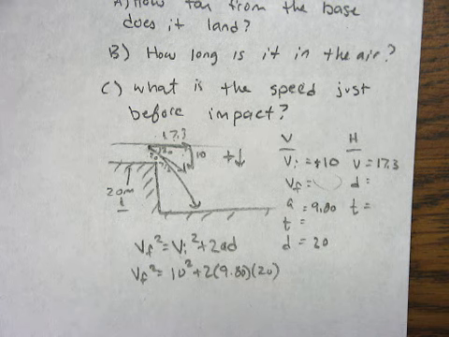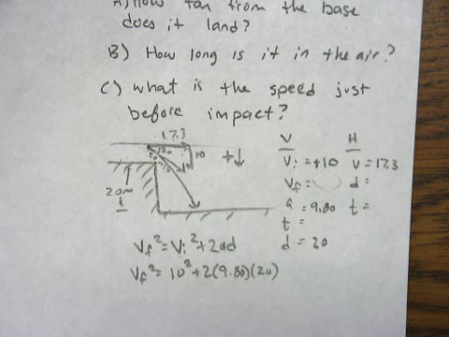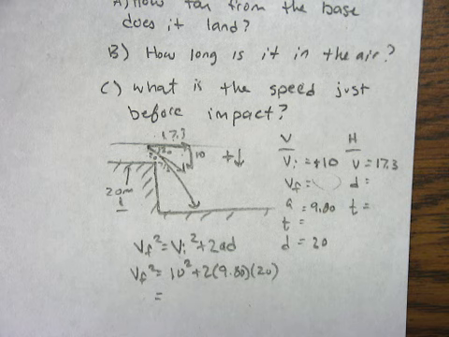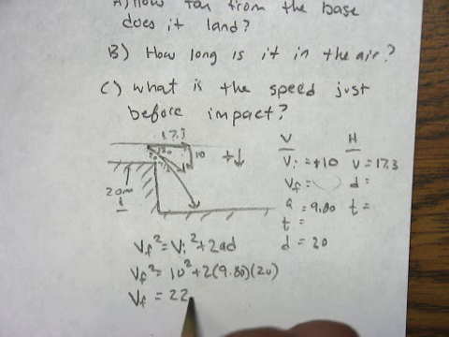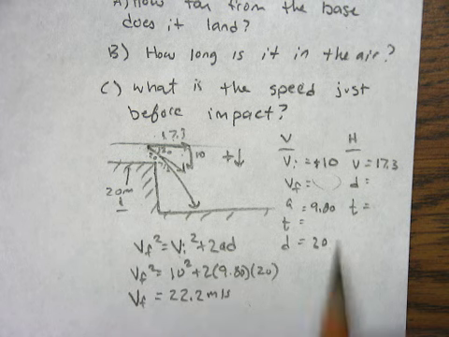And it's funny, if you use negative numbers, a negative squared is a positive, a negative times a negative is positive. So it's funny how it all works out as long as you adhere to the sign conventions. So that's 100 plus 2 times 9.8 times 20, which is 492. I take the square root of that, and I get 22.2. So the final velocity is 22.2 meters per second.